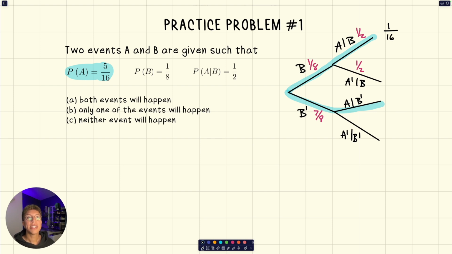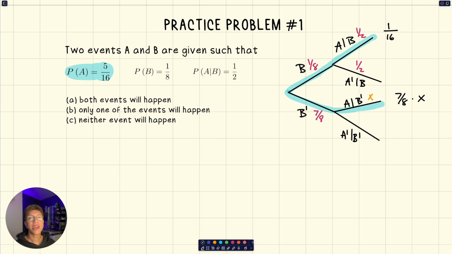And then this branch here, we don't know, so we'll give it a variable x. And so this branch has a probability of 7/8 times x. Well, just like we mentioned, those two branches add up to 5/16.